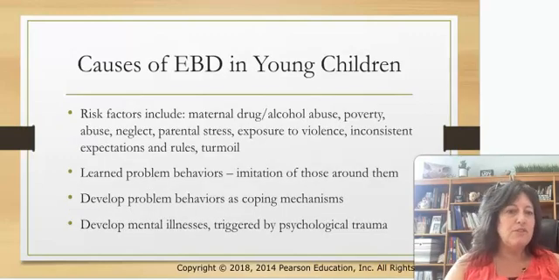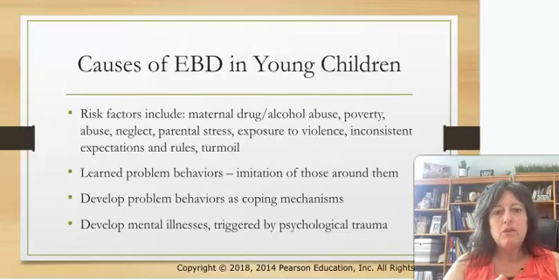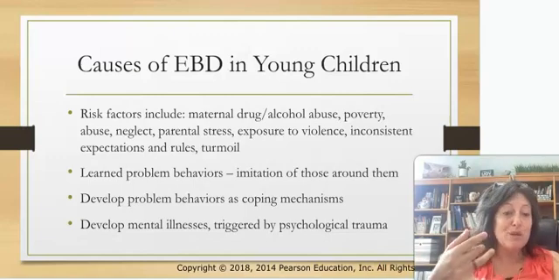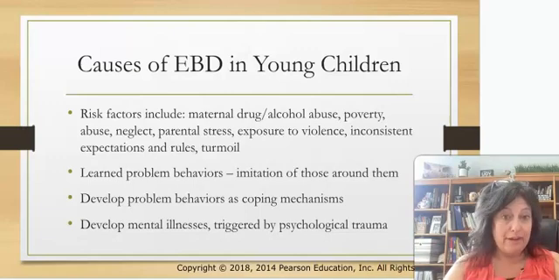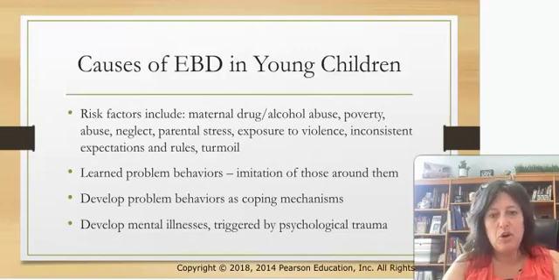So how do students develop EBD? Well, there's a lot of different risk factors, and some of them include maternal drug and alcohol use. Poverty in itself raises the chance of EBD, abuse, neglect when parents are stressed all the time, exposure to constant violence, inconsistent expectations and rules, and turmoil in the home.